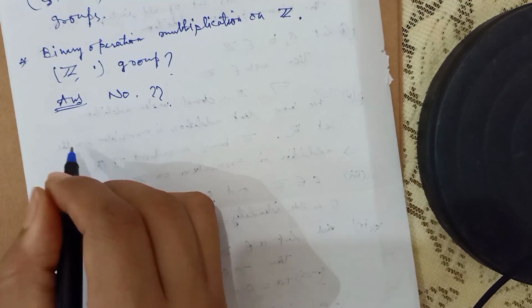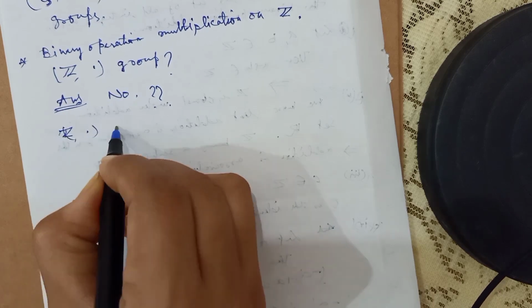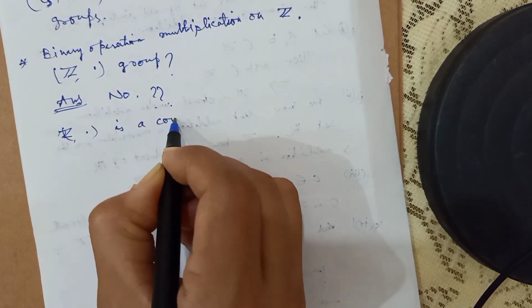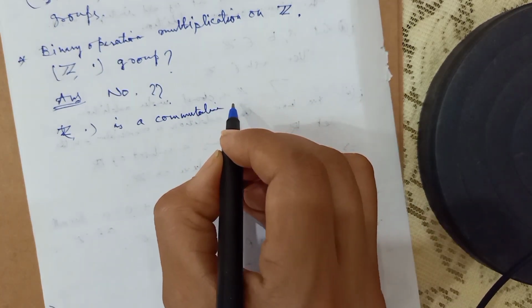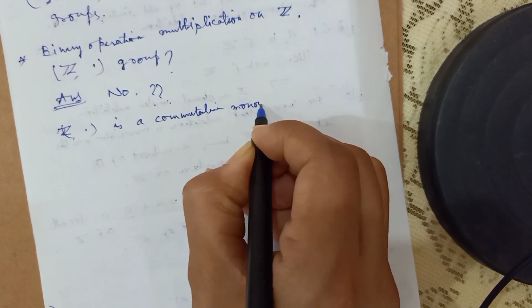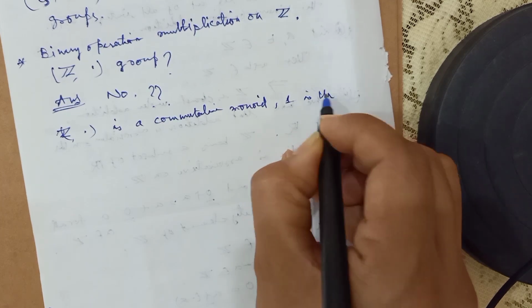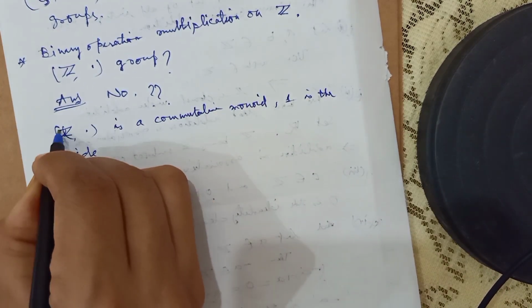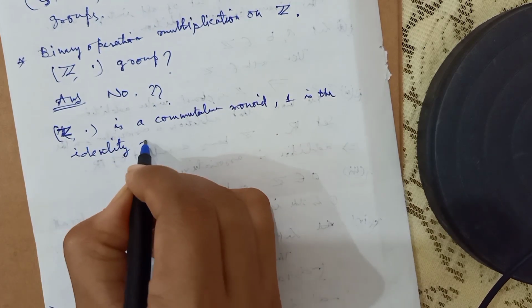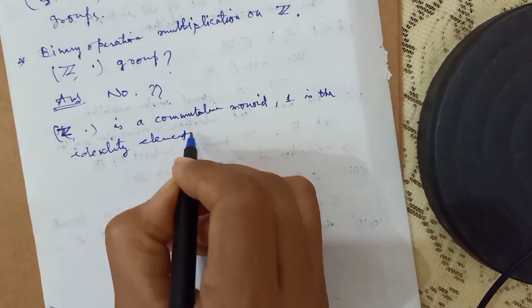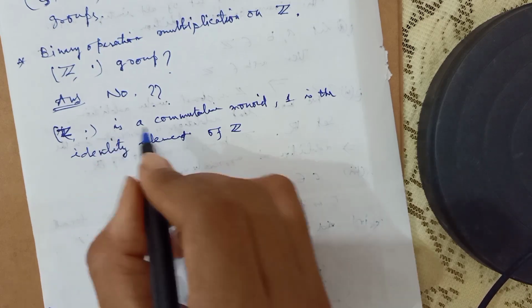Now (Z, ·) is a commutative monoid, because 1 is the identity element of Z with respect to multiplication.